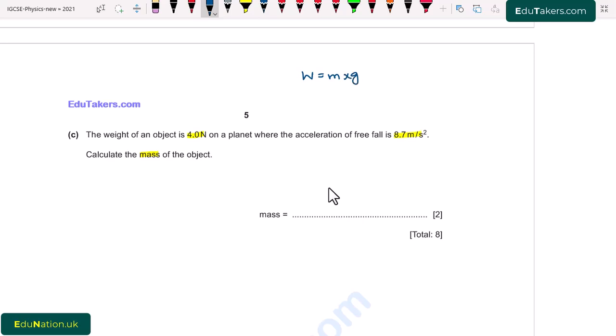So here we have to calculate mass. Mass comes to be W, that is weight, over g. Weight is given 4.0 Newton and value of g is 8.7 meter per second square. So the mass comes to be 0.46 kilogram. So I write here mass is equal to 0.46 kilogram.